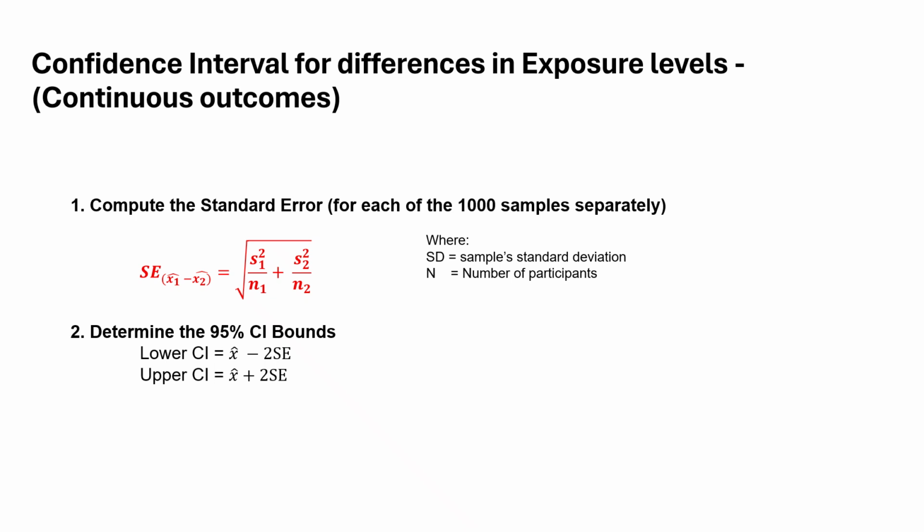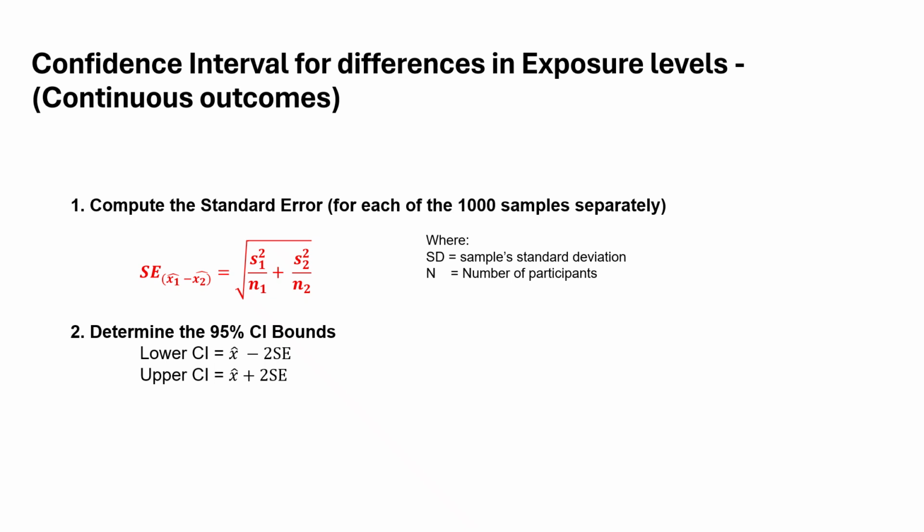But the basic point is that we need to understand how the standard error is calculated and how specifically the standard deviation, or the deviation within the sample, and the sample size play a role in calculating the standard error. All you have to remember is that as there is more deviation within the sample, your standard error is likely to be larger, and then your confidence interval in turn is going to be wider.